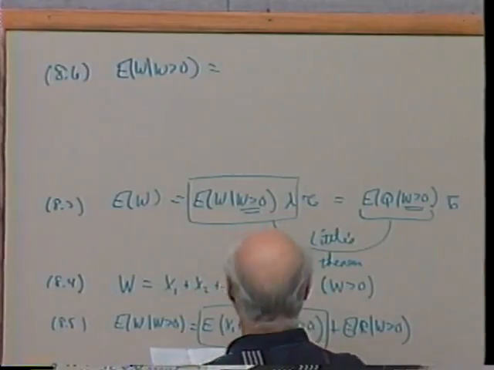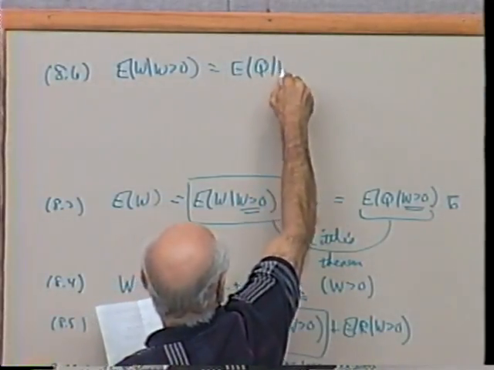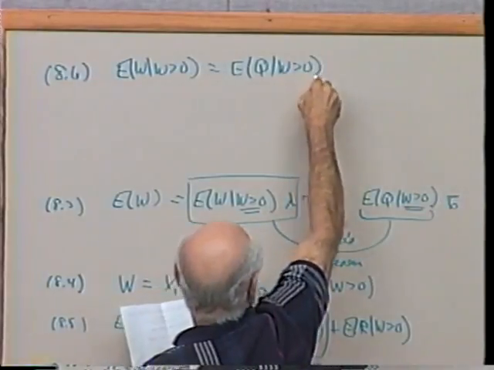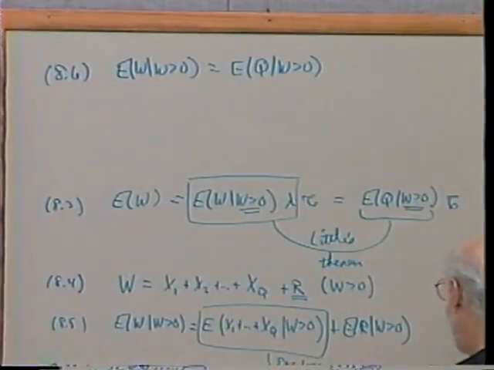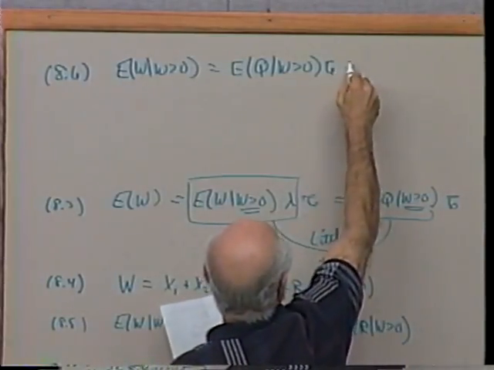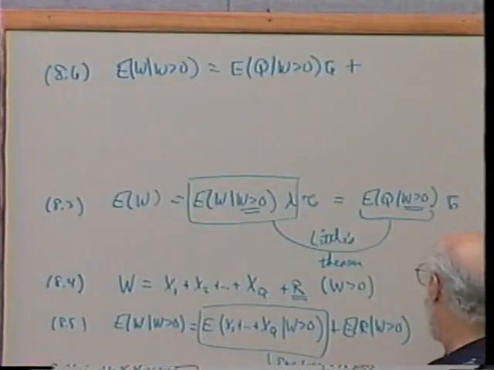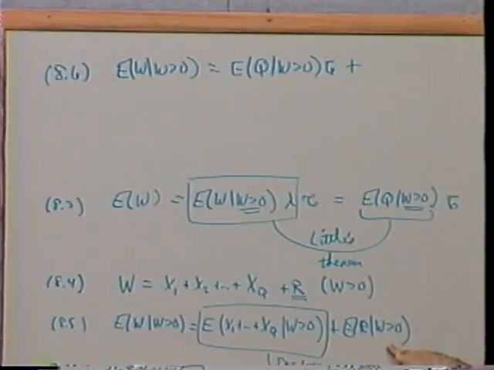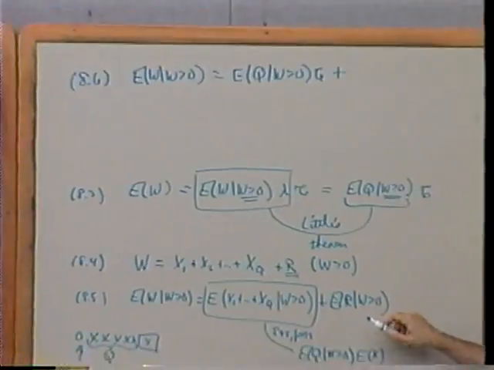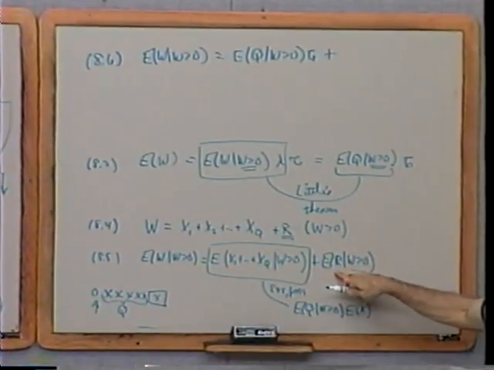So we have the expected value of the queue length, given W is greater than 0, times the expected value of the service time, which is tau, plus the expected value of R, given W is greater than 0. But now I'm going to drop the statement W greater than 0 because that's implicit in the definition of R.